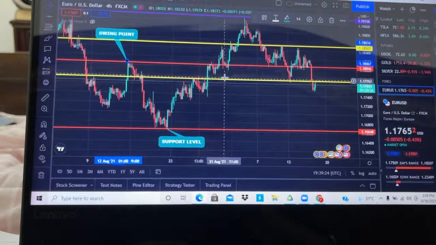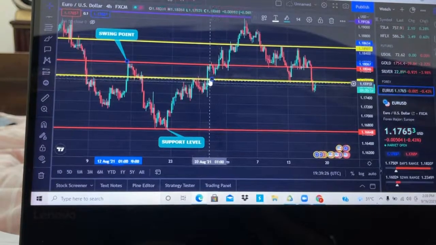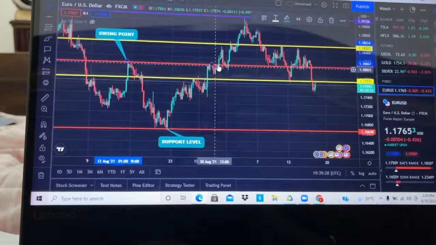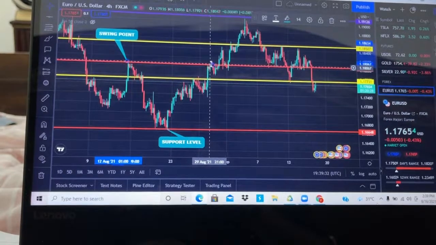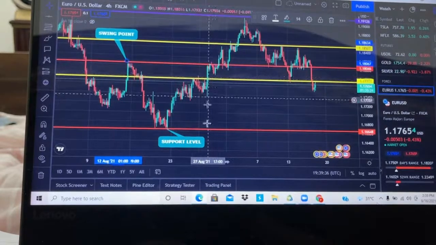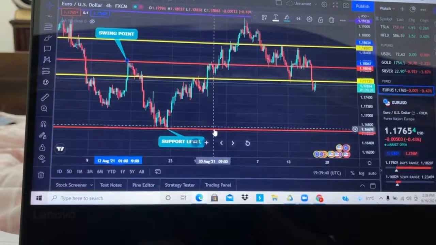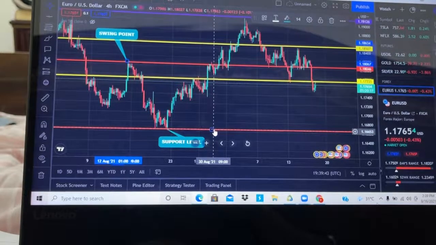Right? Okay. Because let's say the market is going in your direction, but it is now at a critical area, which is the swing point. Instead of losing all the money, because at a swing point it could drop and go right back to your entry, right?